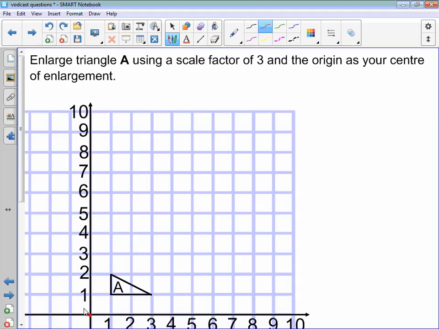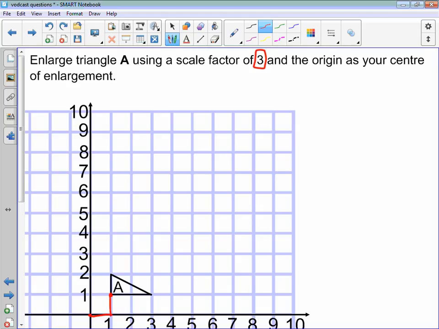Now because we've got a scale factor of 3, all of our distances are going to be multiplied by 3. So I'm going to look at how I can get from the origin, from my centre for enlargement, to each of the corners on triangle A, and then use those to work out where the corners would be on my enlarged triangle. So if I look at the first corner here, to get to this point, I need to go right 1 and up 1.